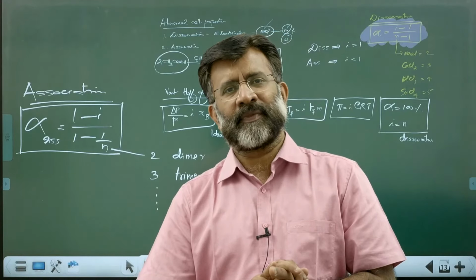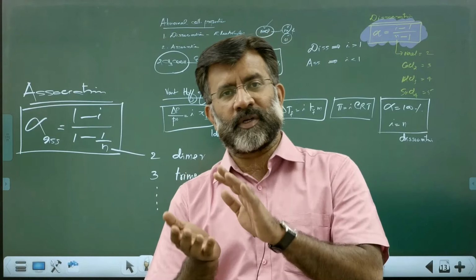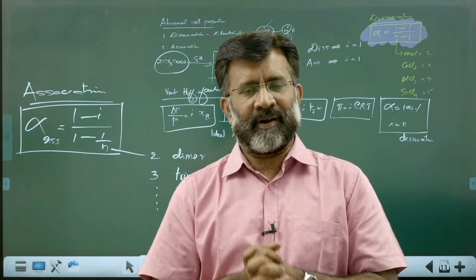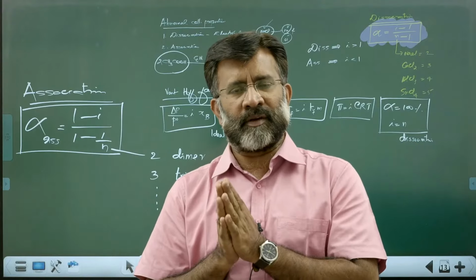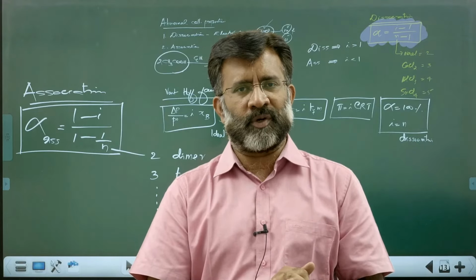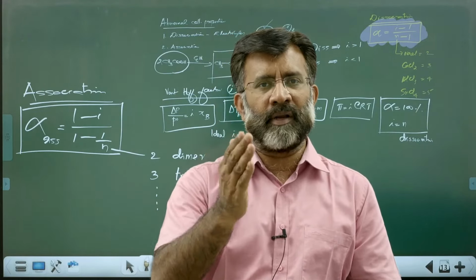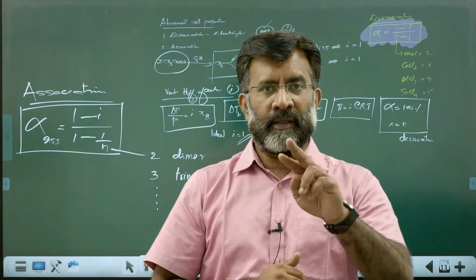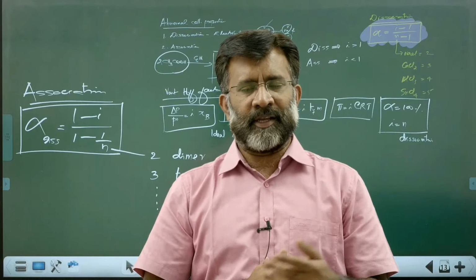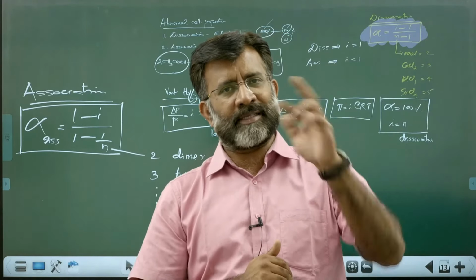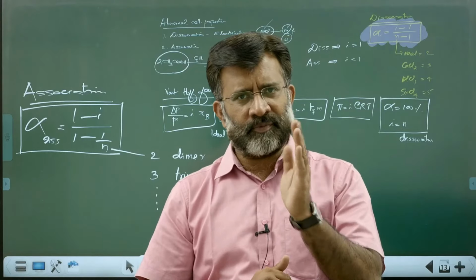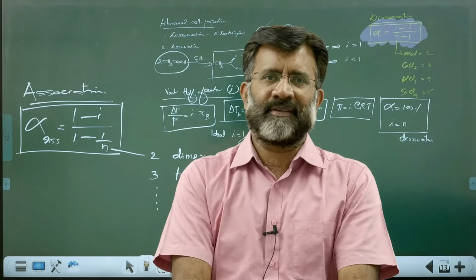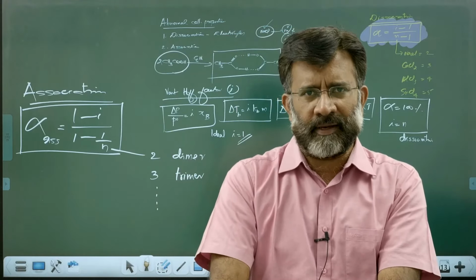In non-ideal solutions, positive and negative deviation, there are azeotropic combinations. Positive deviation shows lower boiling azeotropes. Azeotropes means constant boiling mixtures. Negative deviation shows higher boiling, maximum boiling azeotropes. One or two examples are quoted in the NCERT.